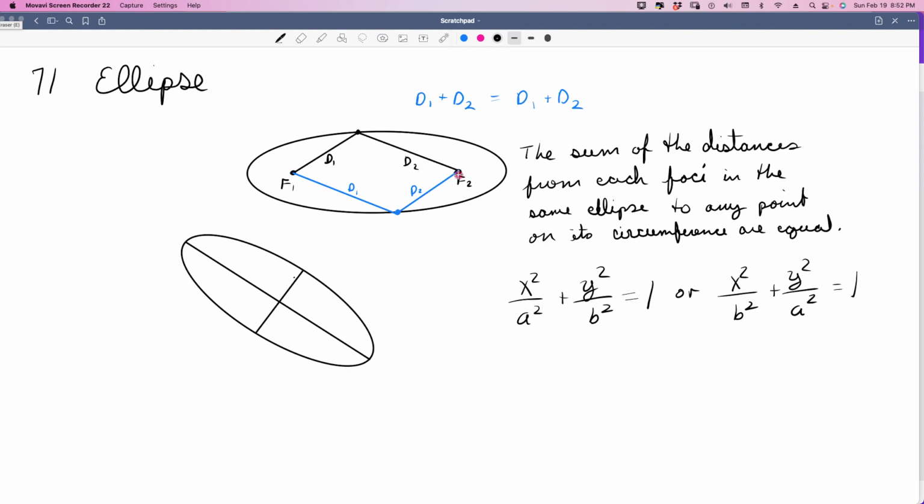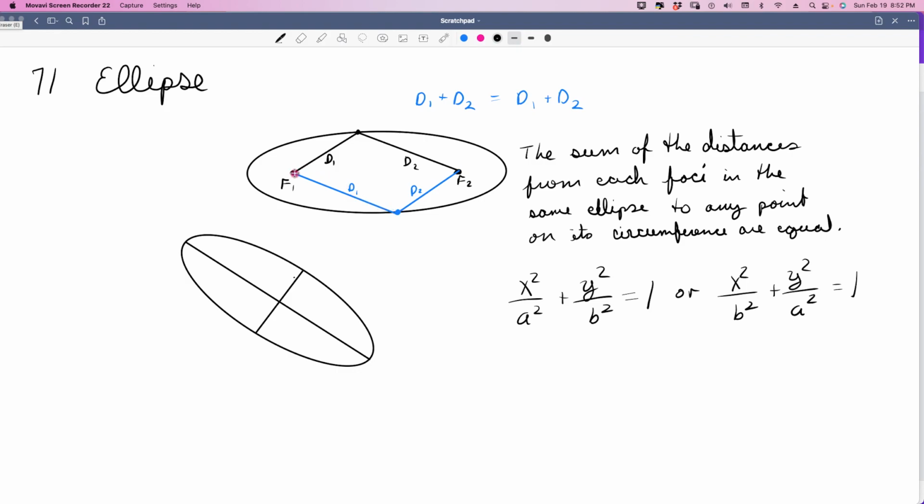But the sum of the distance from each focus in the same ellipse to any point on its circumference, when you add these two distances together, it doesn't matter. The distance from here to here and here to here, added together, is going to be the same as this distance and this distance added together.